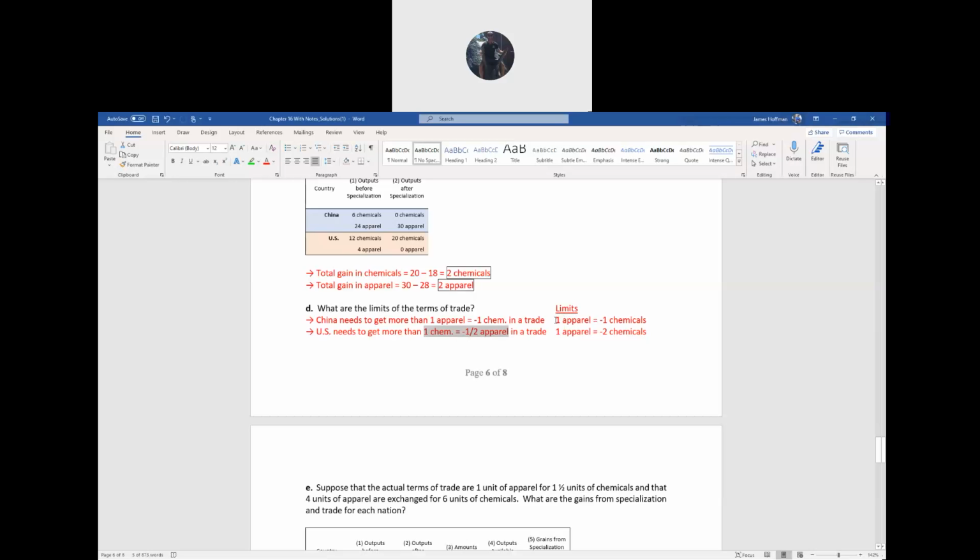So any trade within these limits, 1 apparel equals 1 chemical, or 1 apparel equals 2 chemicals, 1 to 1, or 1 to 2, or 1 to 1.5, any trade of one apparel for more than one chemical but less than two chemicals is going to work. So 1 to 1.5 or something in between. But anything less than getting one chemical for one apparel, or anything more than getting two chemicals for one apparel, is not going to work for at least one of the countries.